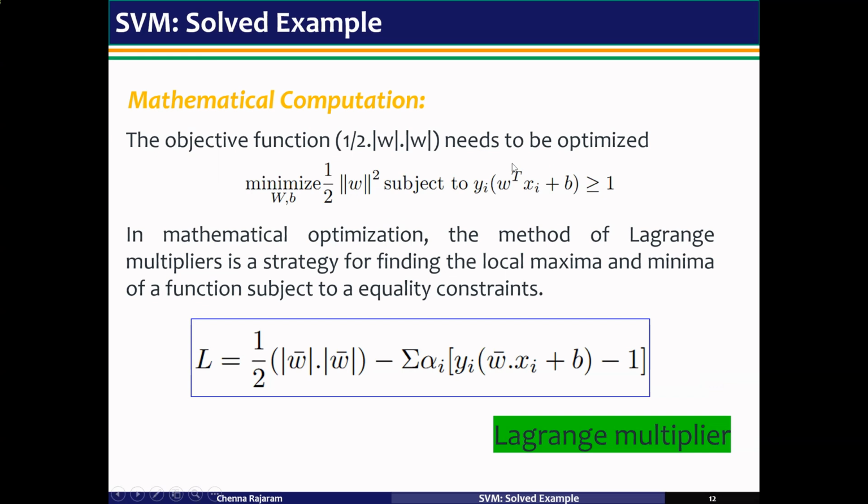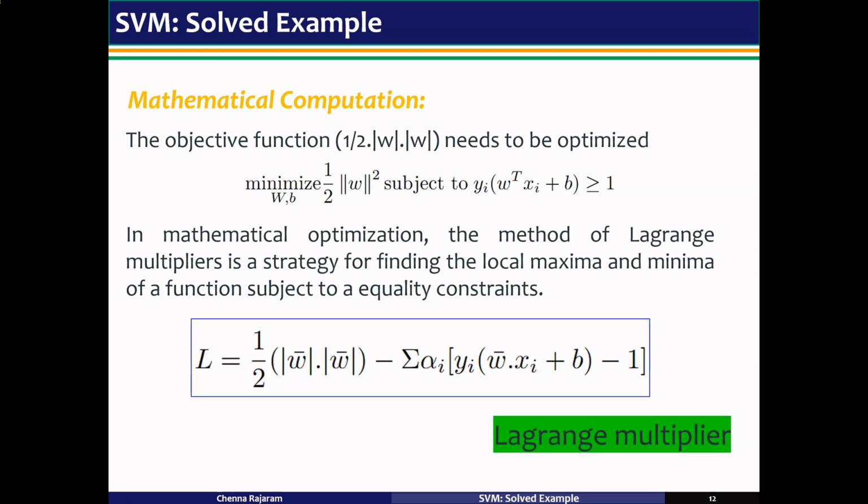The objective function needs to be optimized subject to yi of W into X plus b greater than or equal to 1. In mathematical optimization, the method of Lagrange's multiplier is a strategy for finding the local maxima and minima of a function subject to equality constraints.